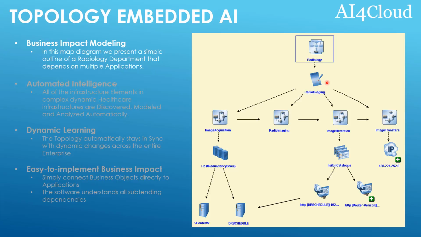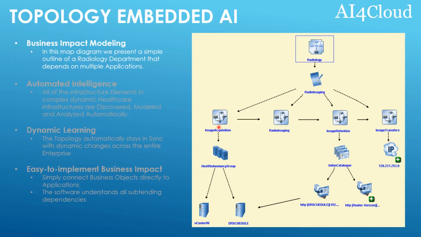The radio imaging service is composed of the business processes of image acquisition, supported by redundant servers, radio imaging processing, which in this case is provided by a third party, so there's no underlying infrastructure to track in this particular case, client image retention, and image transfers that depend on specific IP resources.